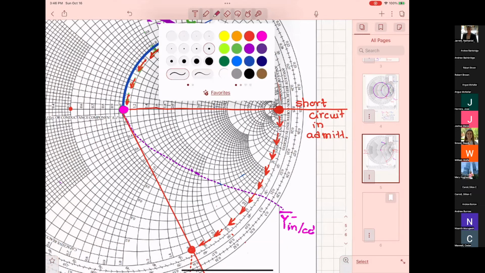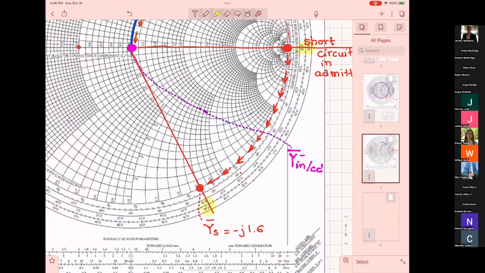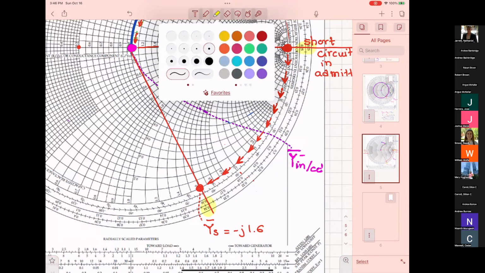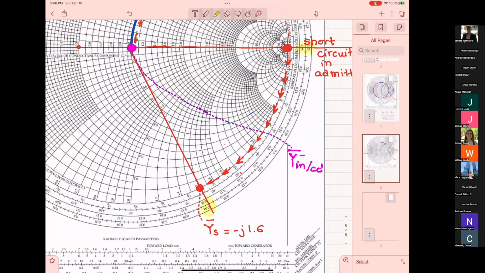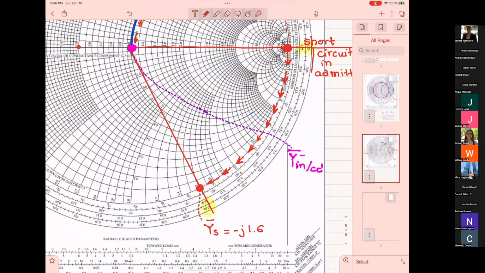So here, this one is 0.25, okay? And this one is 0.338. The distance between these points is the length of the stub.